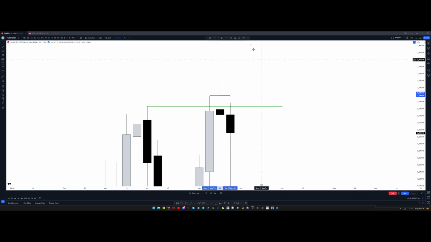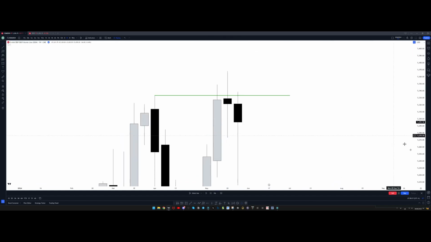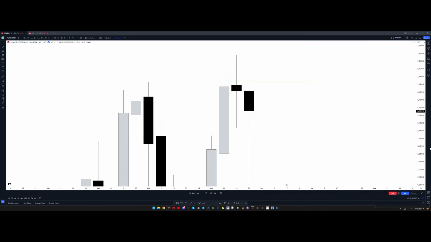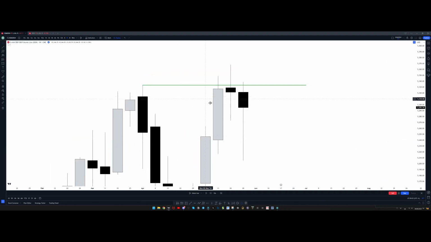Now, as I've already mentioned in the previous webinar, this is where everybody goes wrong. We sweep the liquidity and everybody goes short. No, wrong. This is not a valid turtle soup. Why? Because the candle opened low. It's that simple.